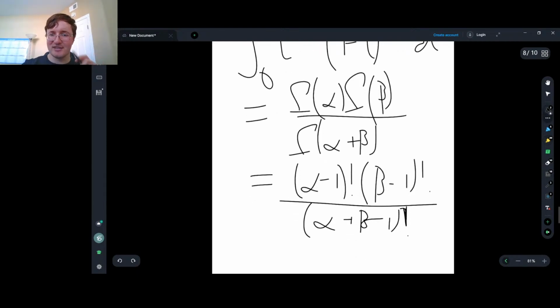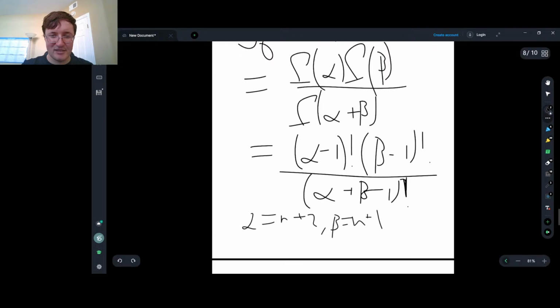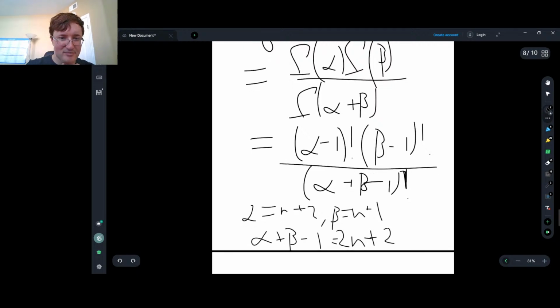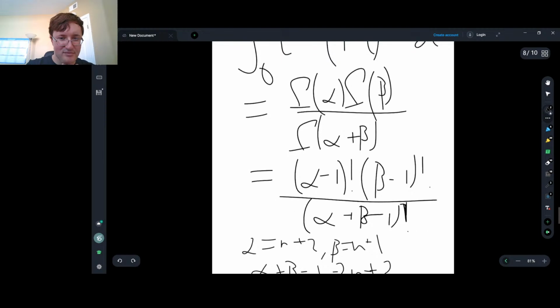So I let alpha be n plus 2, beta be n plus 1, and then the denominator is 2n plus 2 factorial.